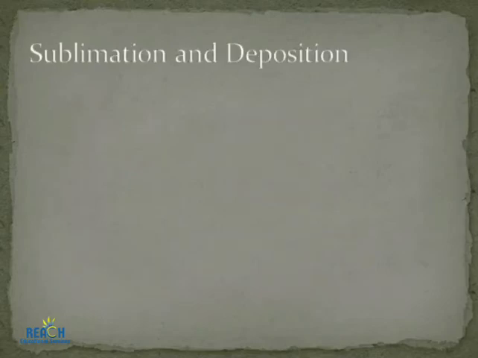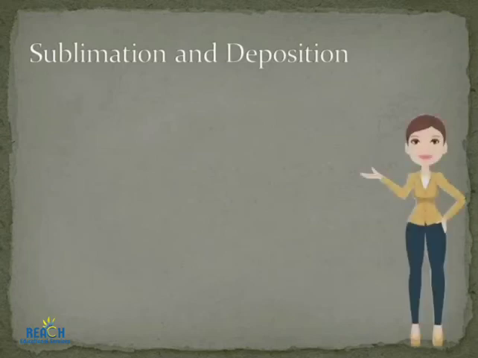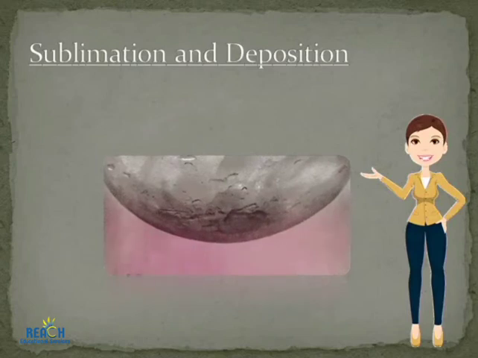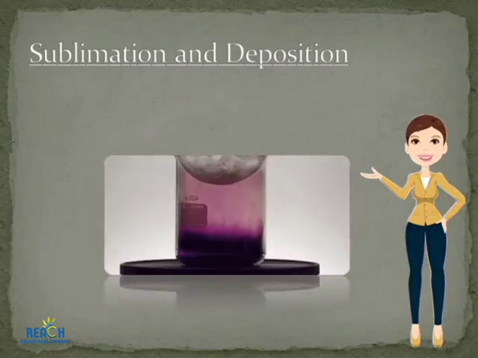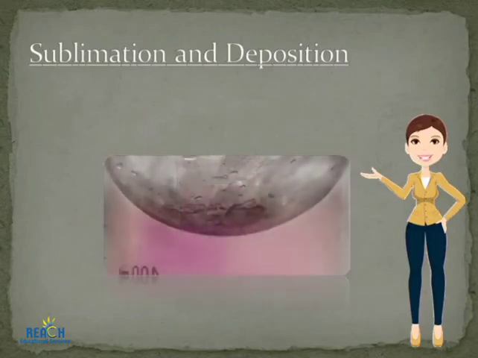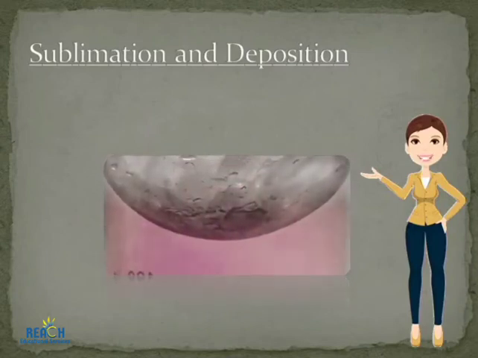Let us now look at sublimation and deposition. Did you know that there are solids that do not become liquids when heated? In our illustration, iodine crystals are exposed to heat.